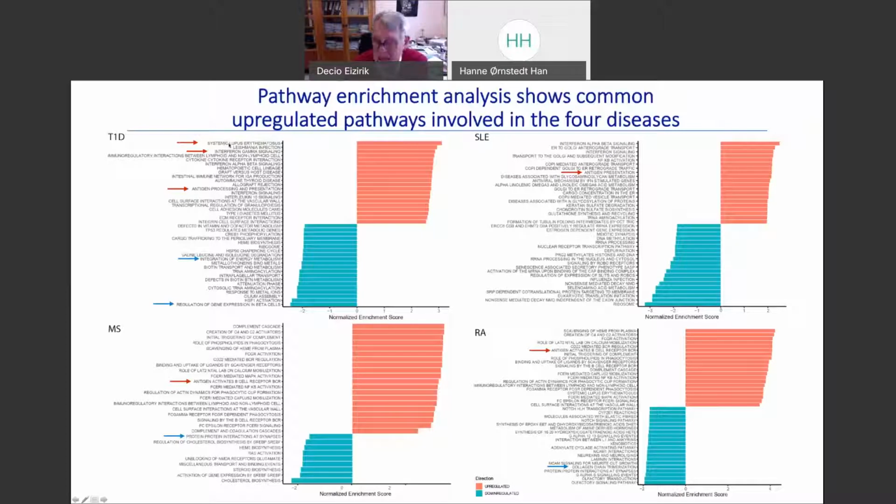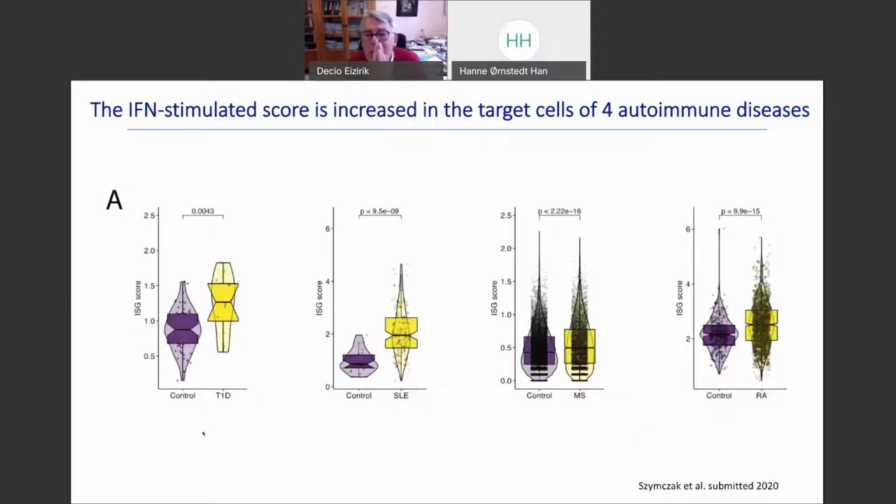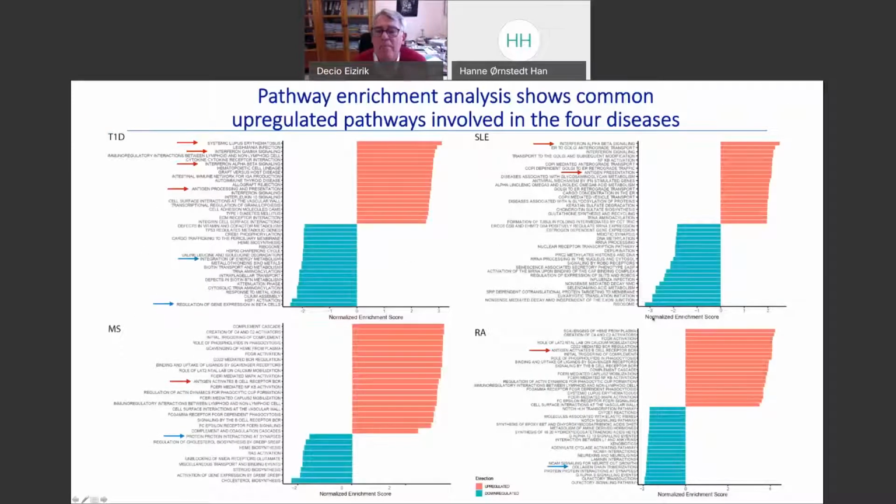And the other thing that was striking is that in nearly all diseases, we were finding interferon signal, both interferon gamma and type 1 interferon. Sometimes they are not in the top 20, but they were always present. And when we are studying these cells, you always have a very minor immune cell contamination.